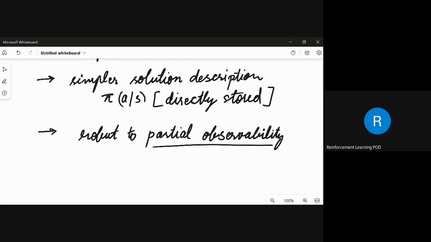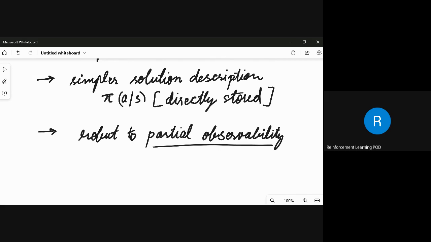So partial observability is when you are in a state but you don't know all its features. So you cannot be sure which exact state you are in. There might be multiple states, and the agent might think that it is in the same state even though they are different states, because you are only able to partially observe the state features.